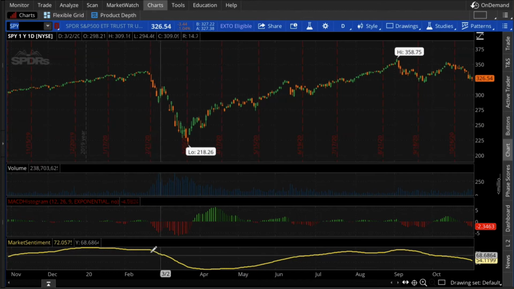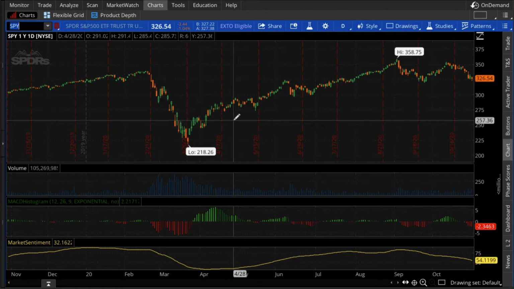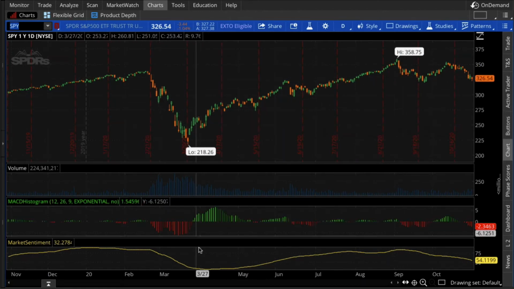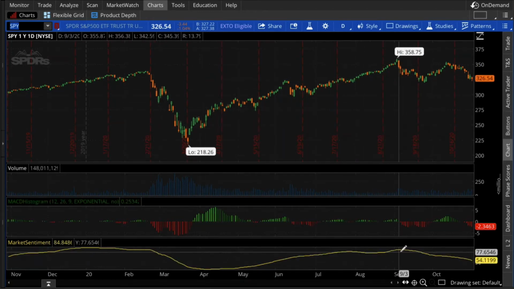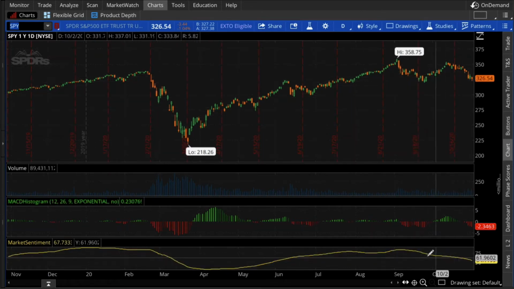It started off selling, and then reached its most bearish point right here. And then it started to recover, right? Market sentiment started to recover. But you can see we're starting to enter another area where market sentiment is being tested and it's slowly moving downward again.